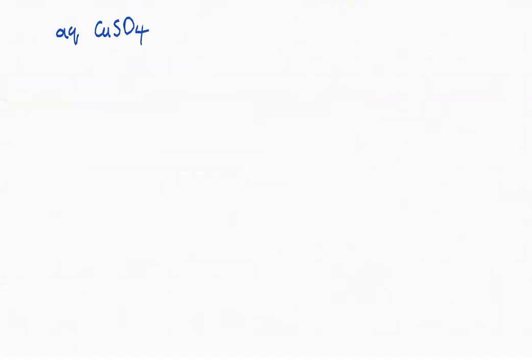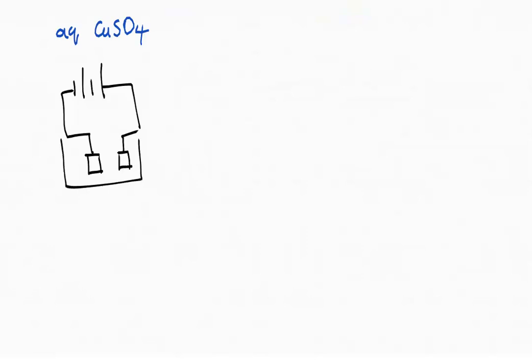So let's draw this. And using inert electrodes, that means it's made up of graphite, which will not interfere. All right, nice.